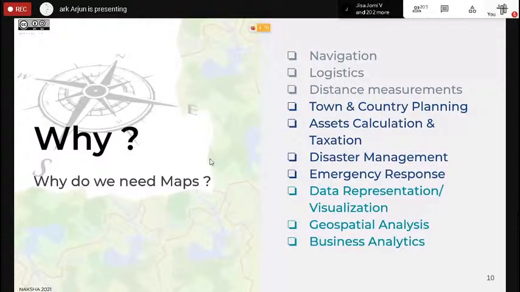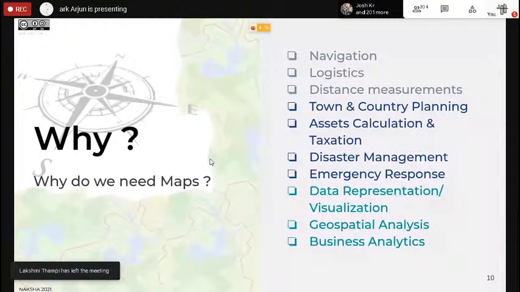These are very few applications of maps which we use. If you see from top to bottom, the top three are the very common uses of maps, and as you come down, the level of application becomes more and more complex. So maps are inevitable today.